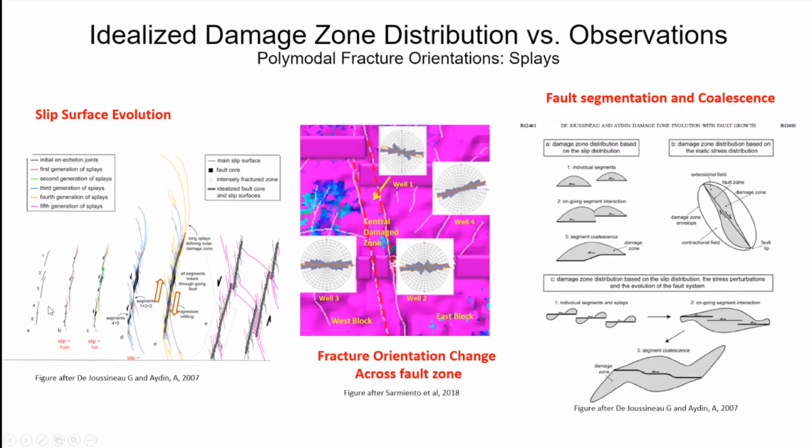What they show is the progressive segmentation of this strike-slip system, where there is the development of different splays. These splays are different generations of splays. As the displacement increases, we go from 1 centimeter to 1 meter to tens of meters. So in each of these stages, the splays change both in direction as well as in magnitude.